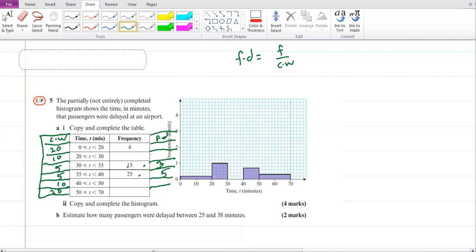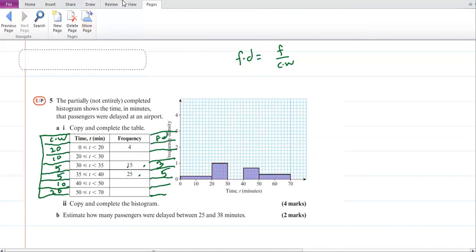Now, in the remaining part, we have to write the frequency and frequency density both. If you look at the first one, the class width is 20. What is the frequency density for this one? The graph can give you that.